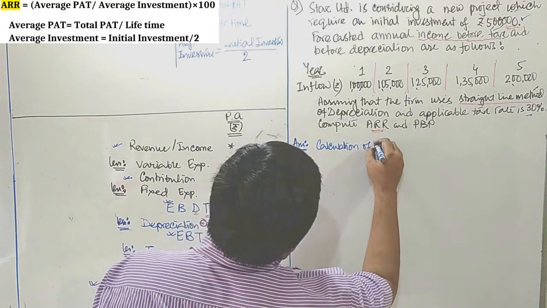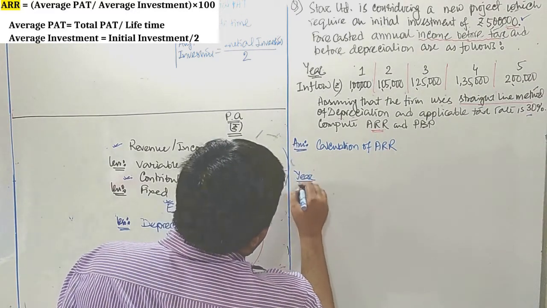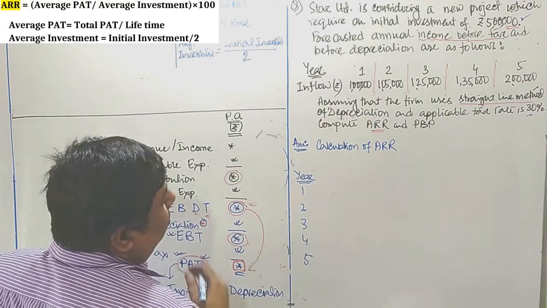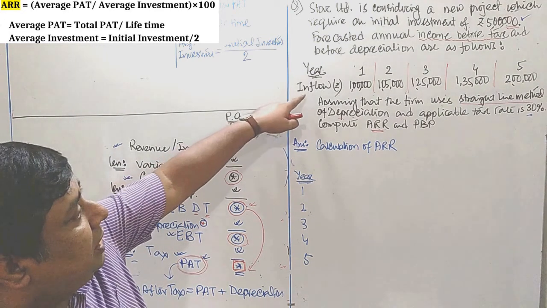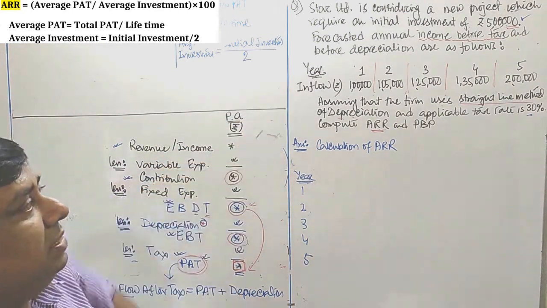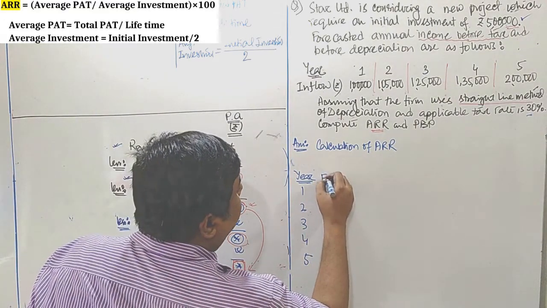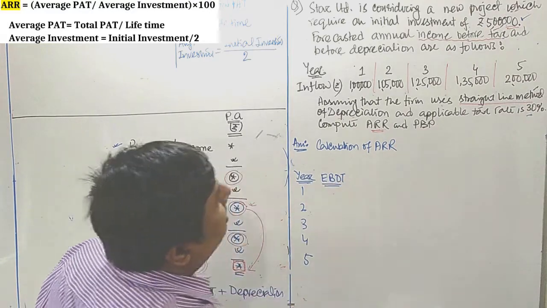Calculation of ARR. You plot here the years 1, 2, 3, 4, 5. 5 consecutive years of data is available to us. Next it is mentioned here inflow, but as I said, we won't consider inflow, rather we consider EBDT, earning before depreciation and tax. Why is it EBDT?